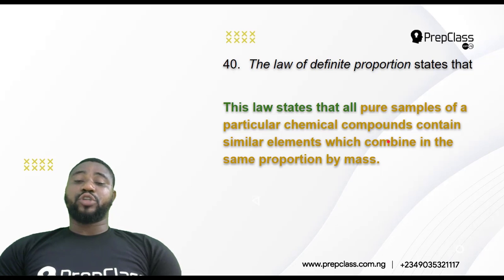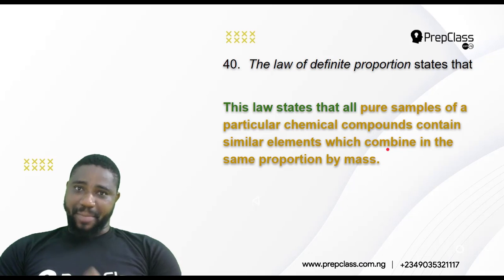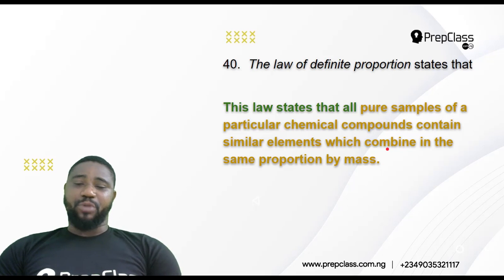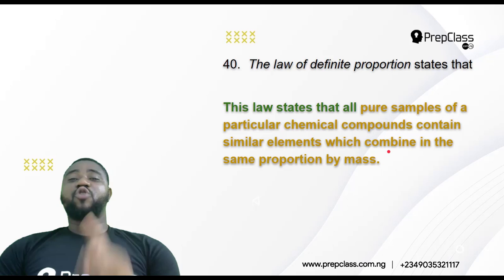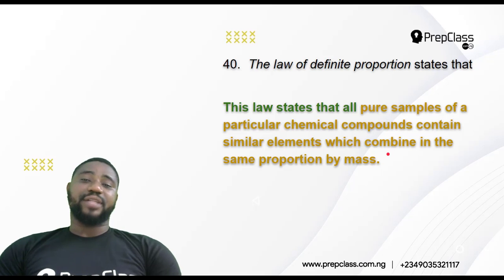Now, the law of definite proportion simply states that all pure samples of a particular chemical compound contain similar elements which are combined in the same proportion by mass. That's the law of definite proportion, and it's also known as the law of constant composition. So when they ask you to state the law of definite proportion, it simply means state the law of constant composition.